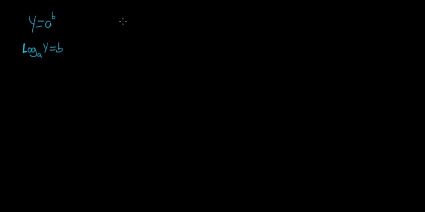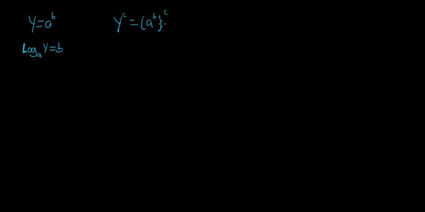And so I want to see what happens. Now I know y is equal to a to the power b, but what happens when I raise y to the power c? Well, remember y is the same as a to the power b, so y raised to the power c is a to the power b, raised to the power c.